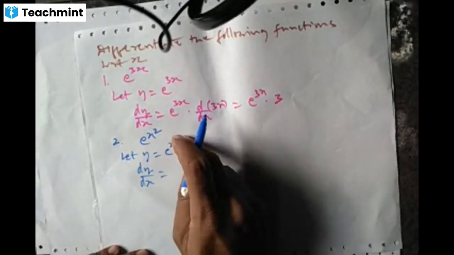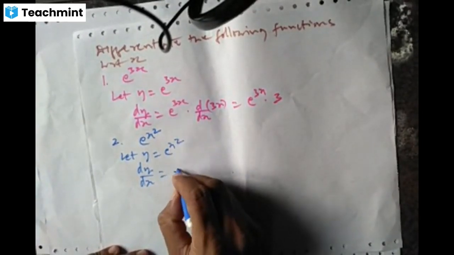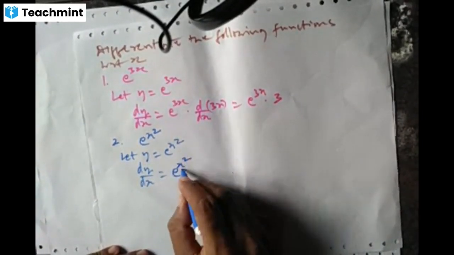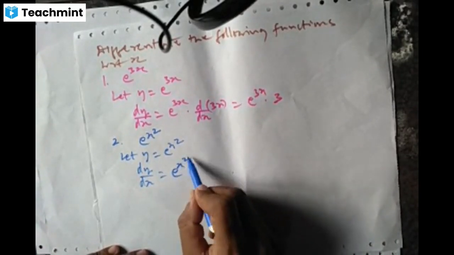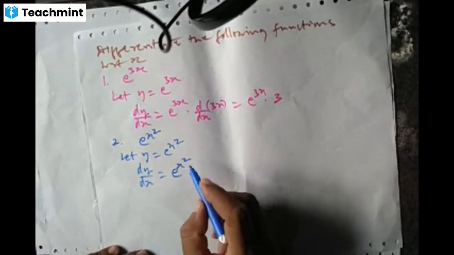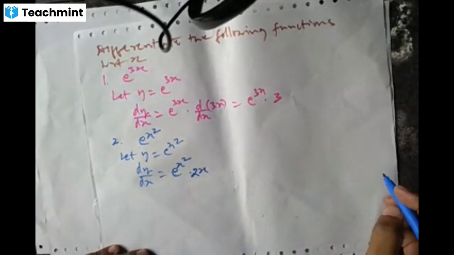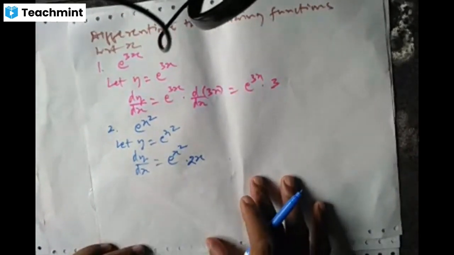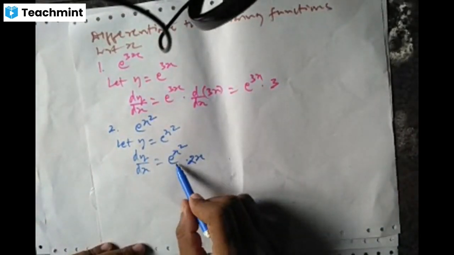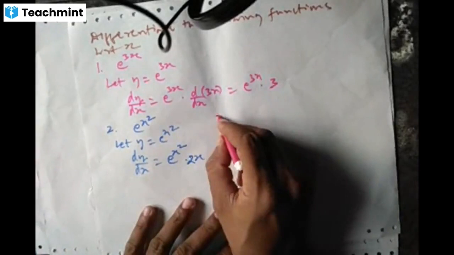The derivative of e power u with respect to u is e power u only, right? So e power, but in place of u we have the function x square, into d by dx of this function. d by dx of x square is 2x. Therefore, the derivative of the given function is e power x square into 2x.